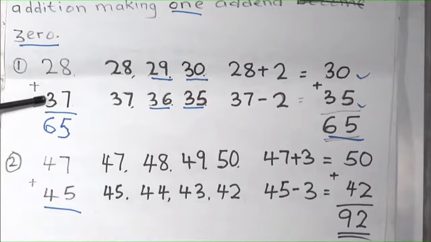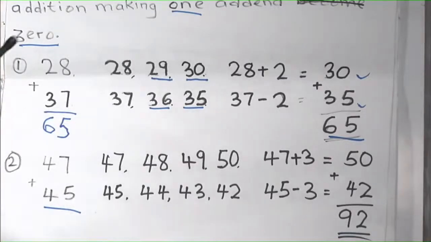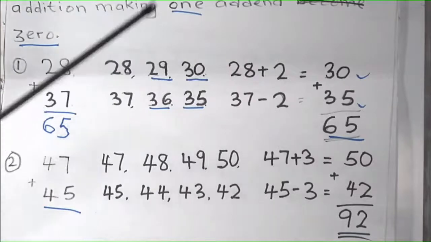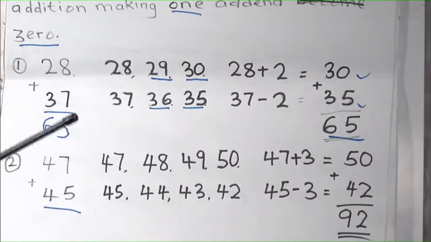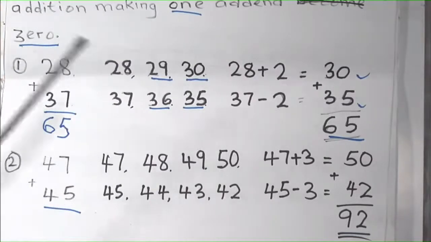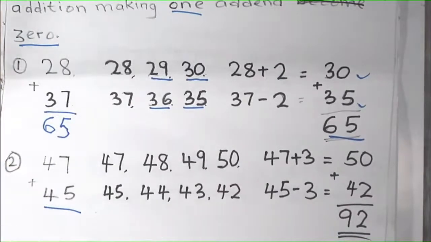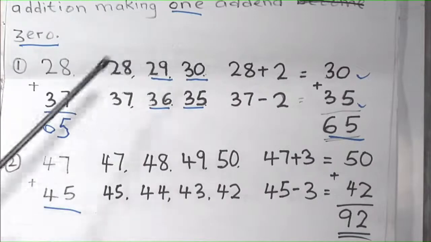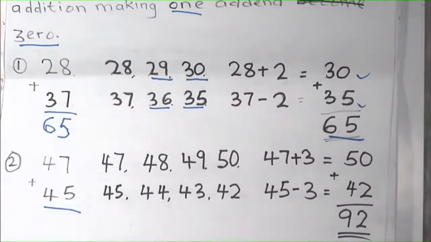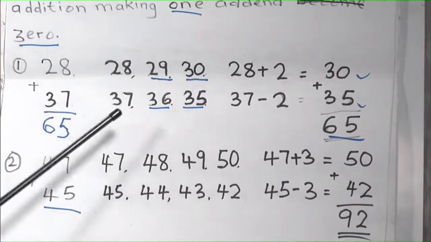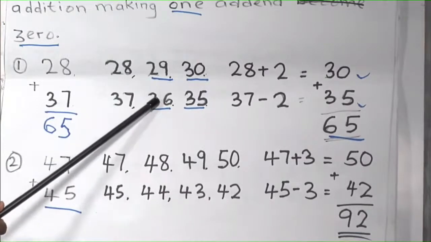Then we have 37. We have to take away 2 from it, because we added 2 to 28 to get 30, which ends in 0. When we take 1, we get 36.